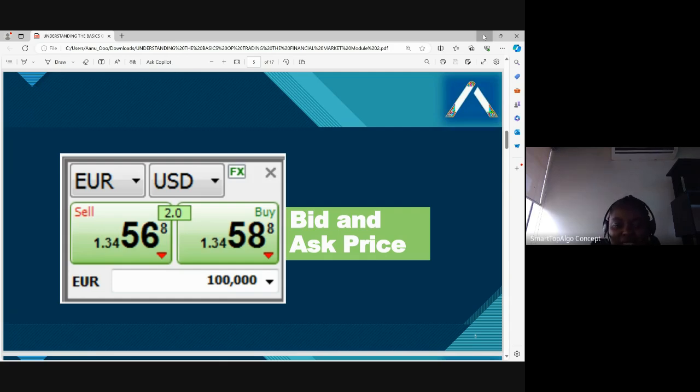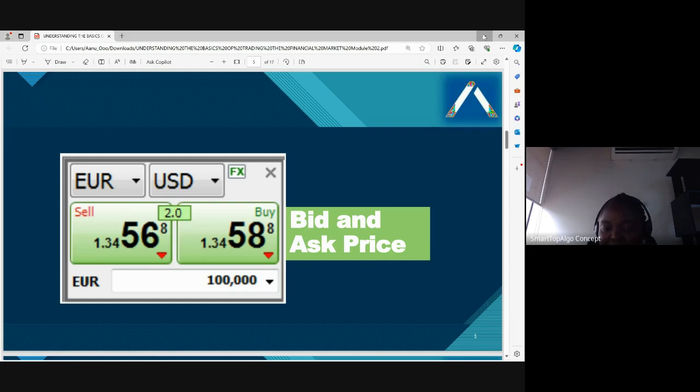Now, what exactly is the bid price? The bid price is the price at which your broker is willing to buy the base currency in exchange for the quote currency. Remember, I said the price is always quoted in the quote currency, and that's why I'm using that definition. Listen, it is the broker that wants to buy from you.